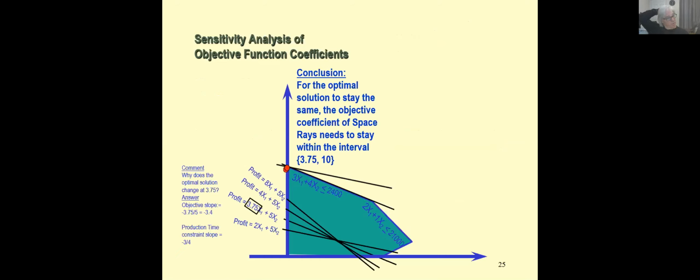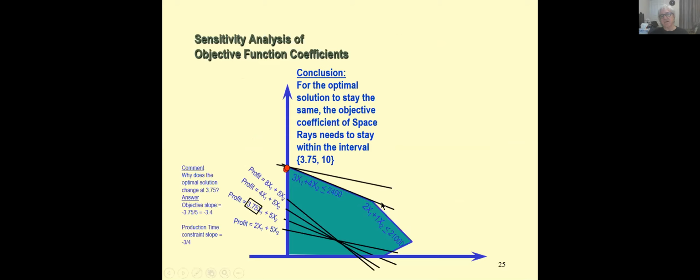You might be wondering, why is it that at $3.75, something is happening and the old optimal solution is moving somewhere else? In here, it's easy to explain. That's because you have a slope of the objective function.